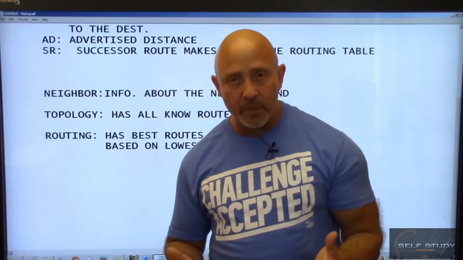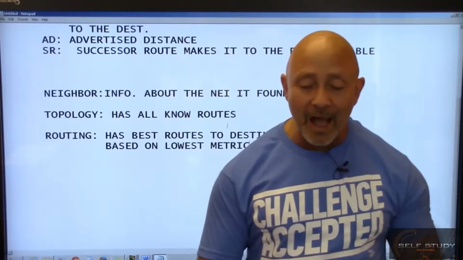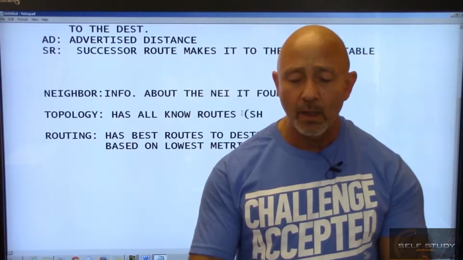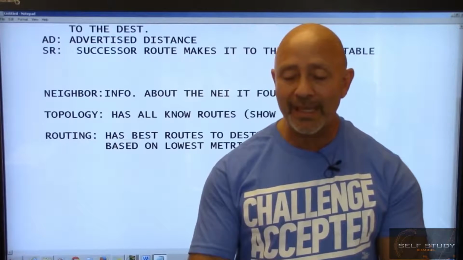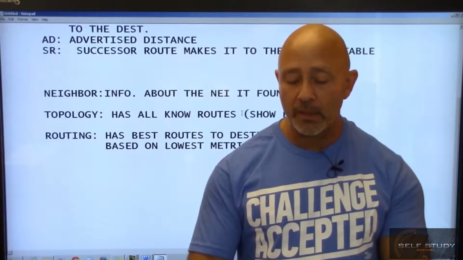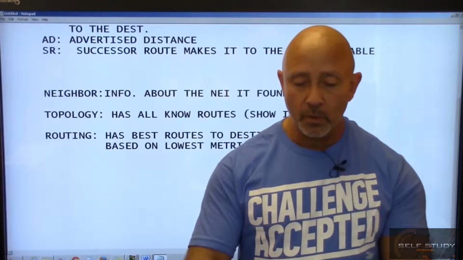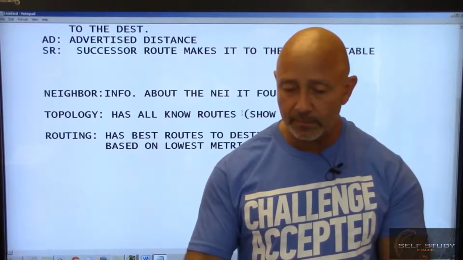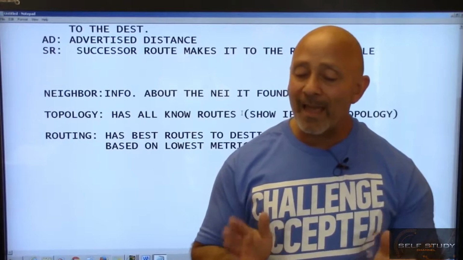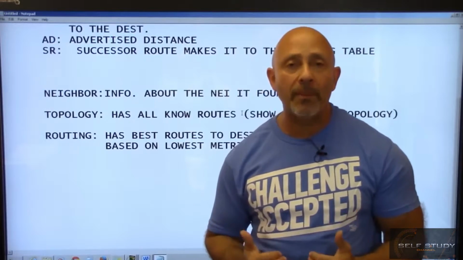Once we configure EIGRP, we'll go in there, and how you look at the topology table is show IP EIGRP topology. That command right there will show you the topology table.